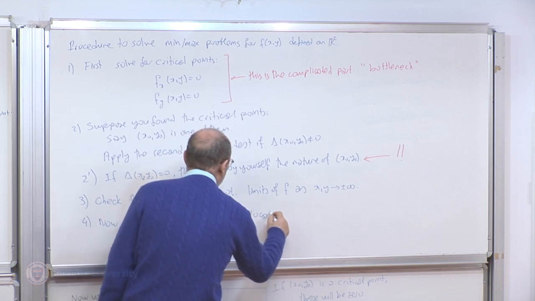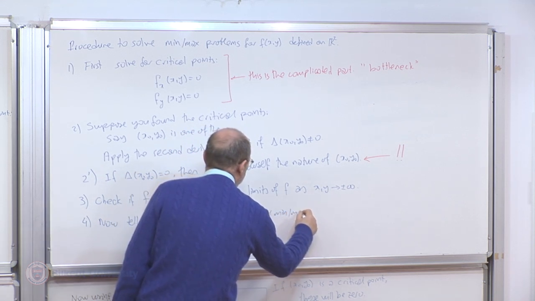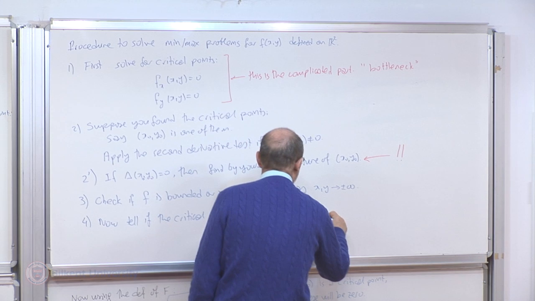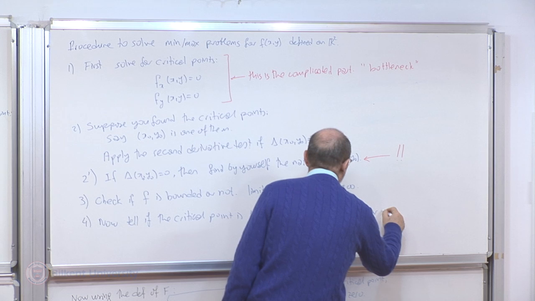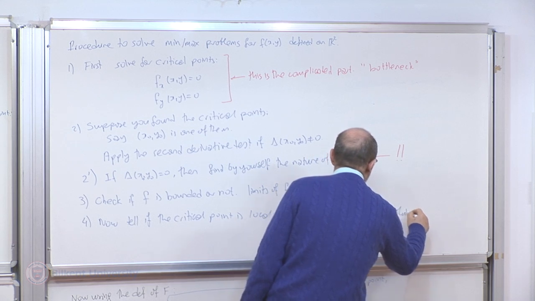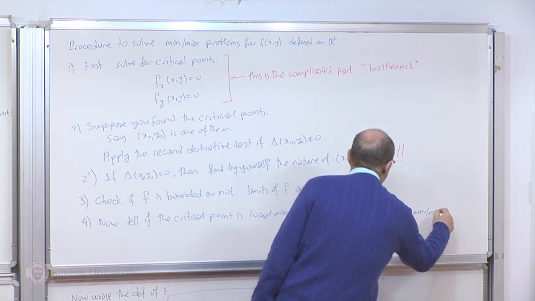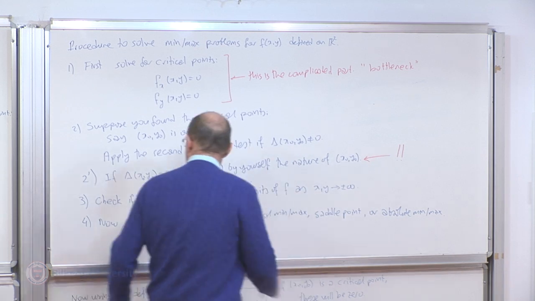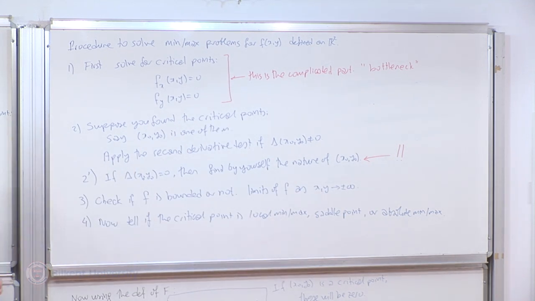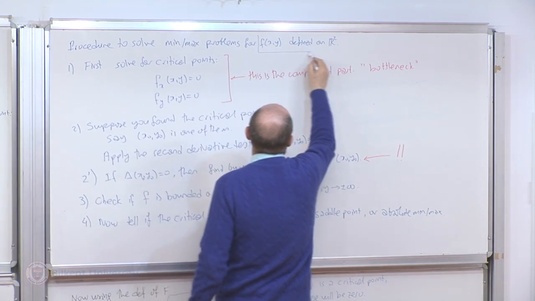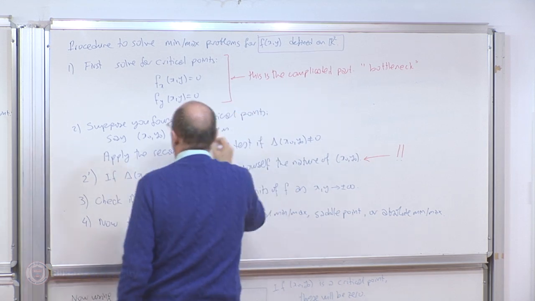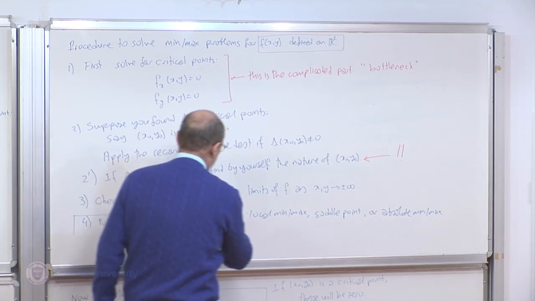Now, tell if the critical point is local min or max, saddle point, or absolute min or max. Okay, so the whole idea is this last part. So let me note it like this. We start with this f of x defined on here, and we want to end up with this thing.